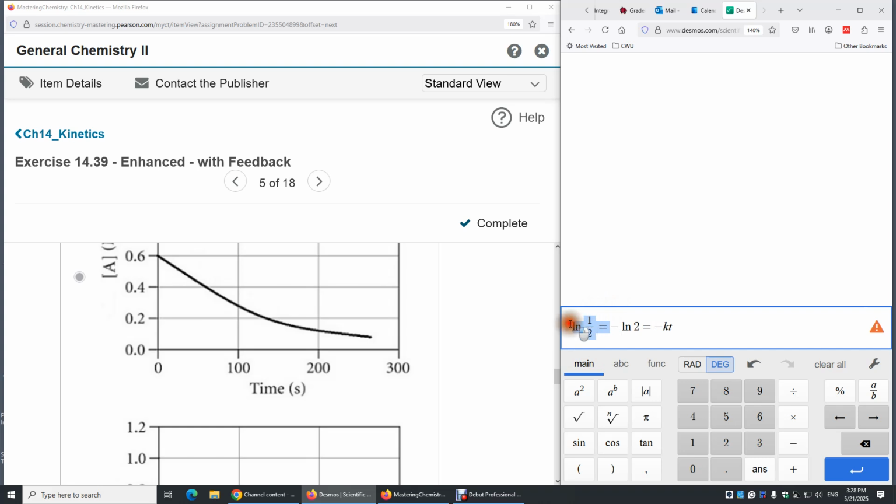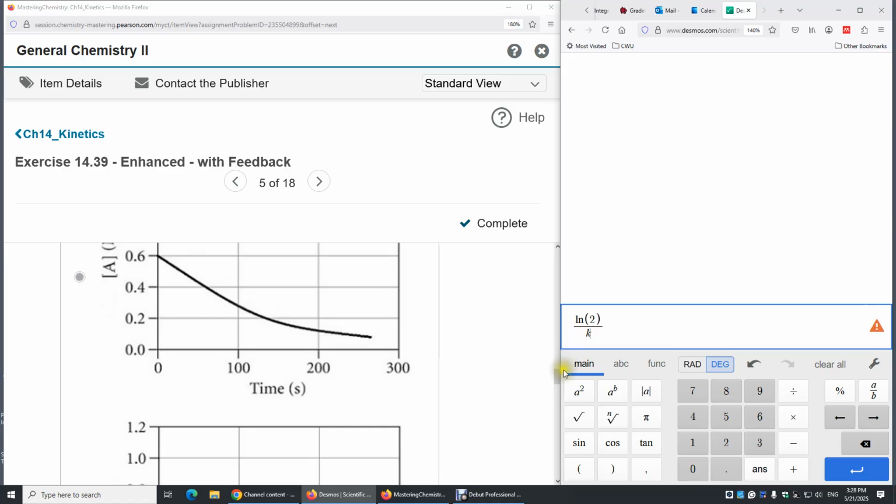The negative sign and negative sign cancel. So t should be ln2 over k. This is how we find the half-life of the concentration of A.